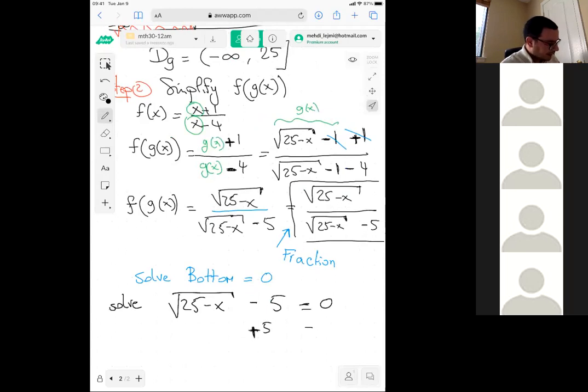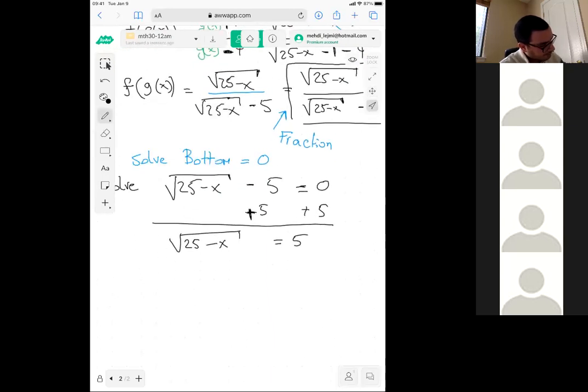So here's plus 5, so it's square root of 25 minus x equal to positive 5. Then get rid of the square root, so you square both sides. So it's 25 minus x equal to 25.